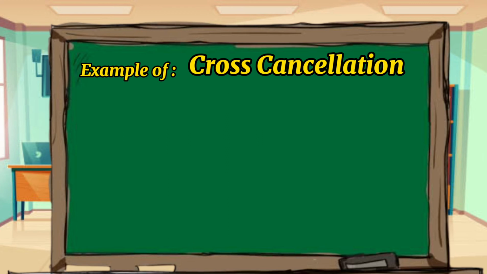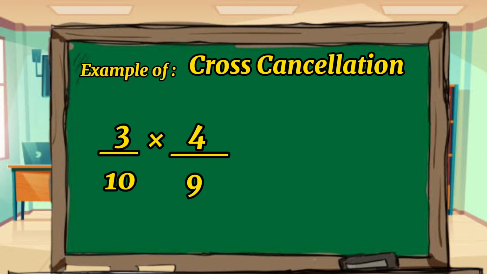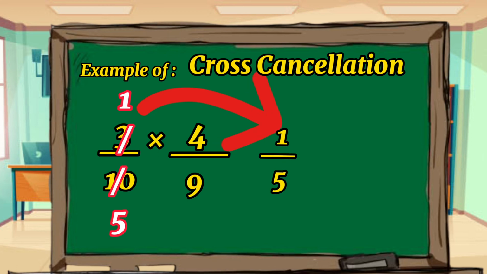Here is the other example. 3 over 10 times 4 over 9. The GCF of 3 is 1, while the GCF of 10 is 5. Therefore, 3 over 10 becomes 1/5. Next, the GCF of 4 is 2, while for 9 it is 3. Therefore, 4 over 9 becomes 2/3.